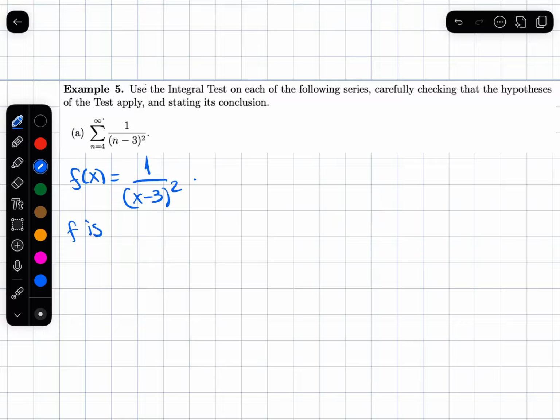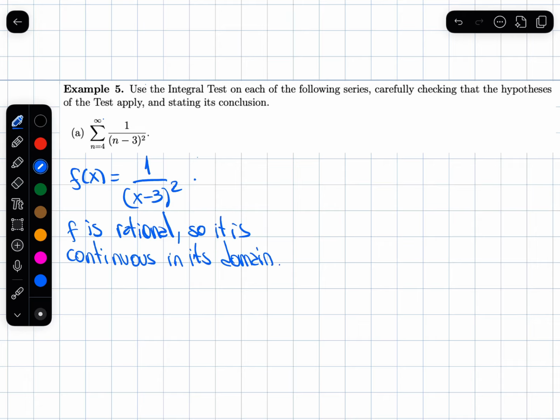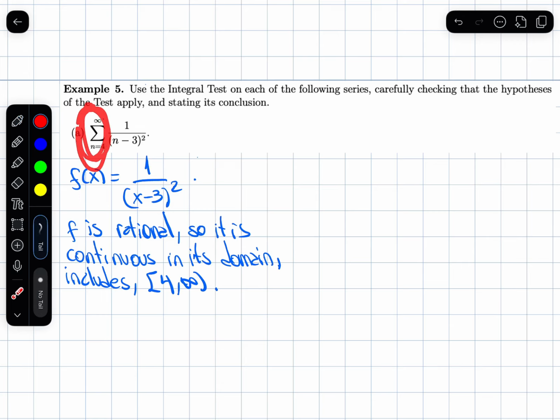I can say f is rational, so it is continuous in its domain. All rational functions are continuous in their domains. And that domain includes the interval that we need, which is 4 to infinity, because that's where we're summing the terms. We're adding the terms from 4 to infinity. So that's the first bullet point. f is continuous where we need it to be.